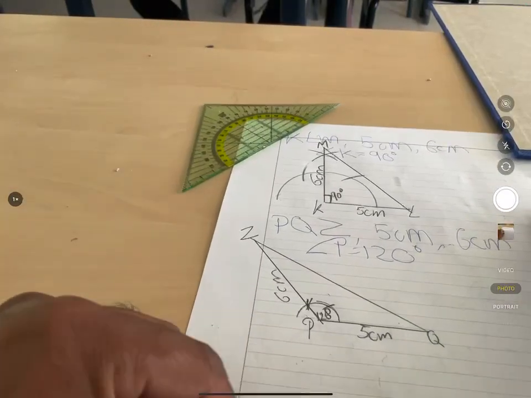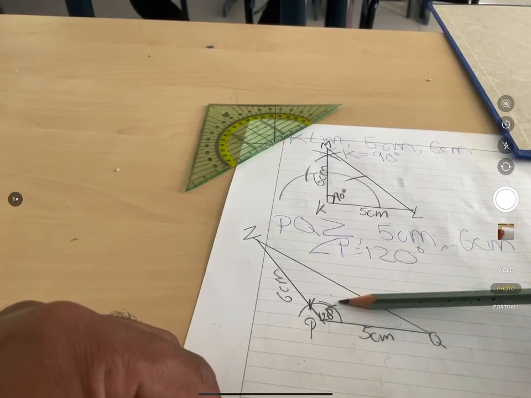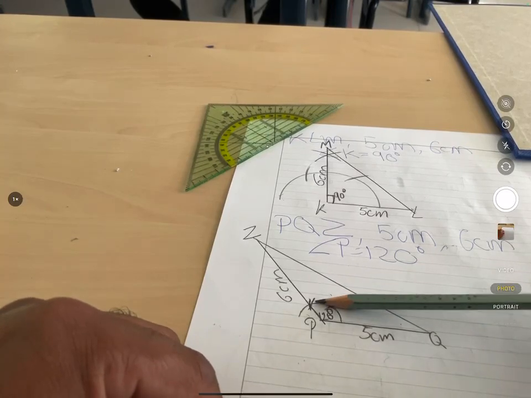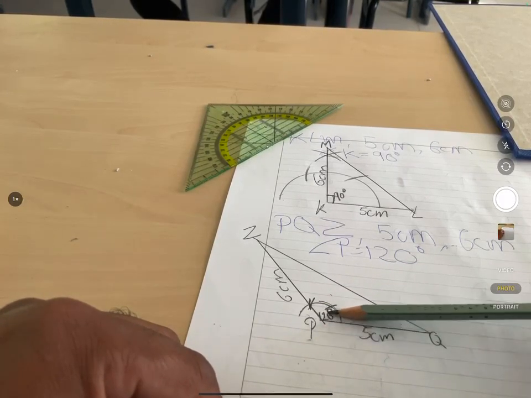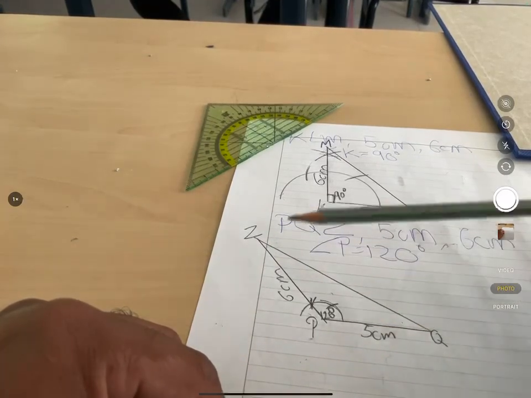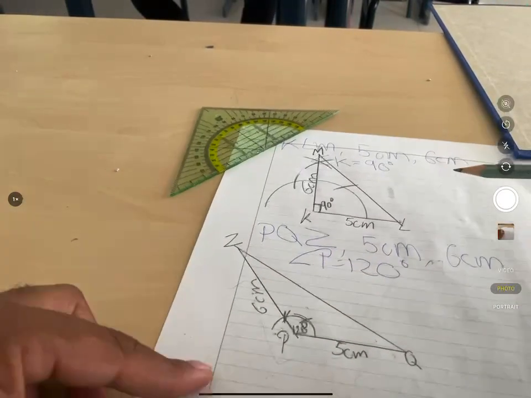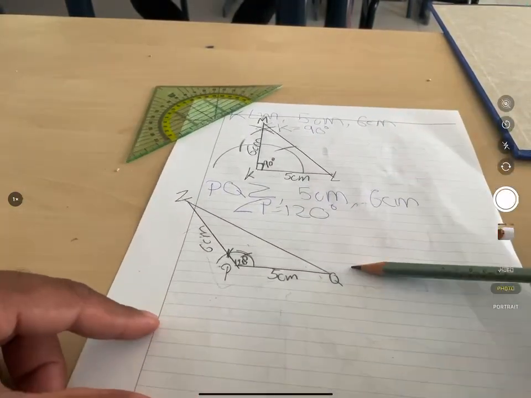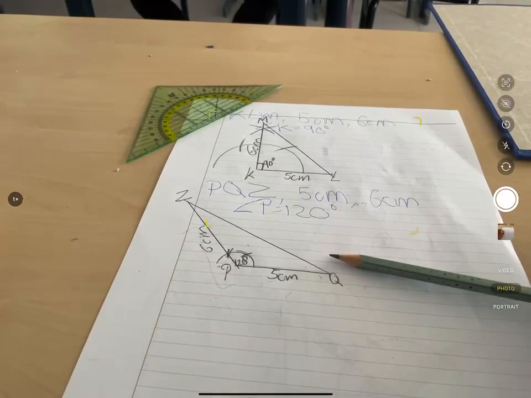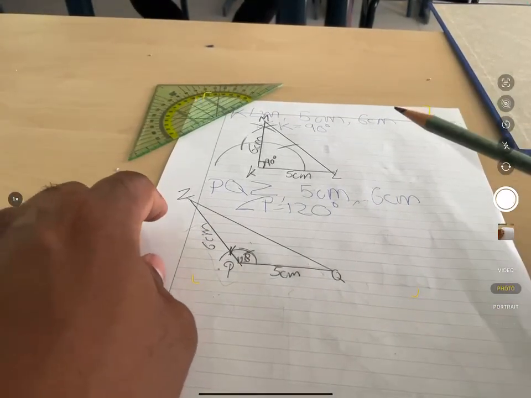This is a completed one. Do not forget, you have to write the degrees as well. Degrees, the letters, and the lengths. Everything has to be shown. An exercise like this is between 2 to 3 points. That is wrong.